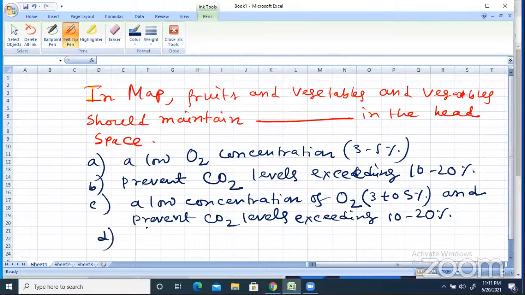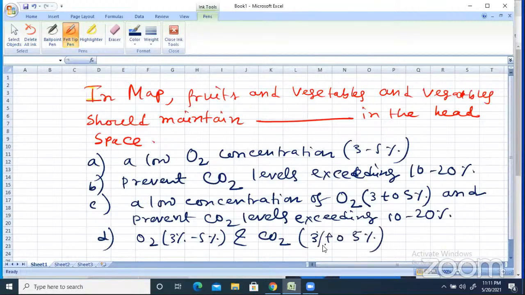And for the option D, O2 3 to 5% and CO2 also 3 to 5% instead of 10 to 20%. Which one will be your correct answer? The third, C.